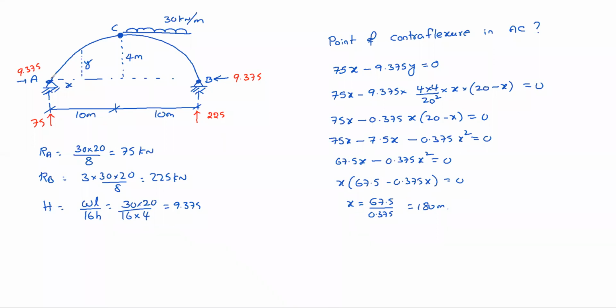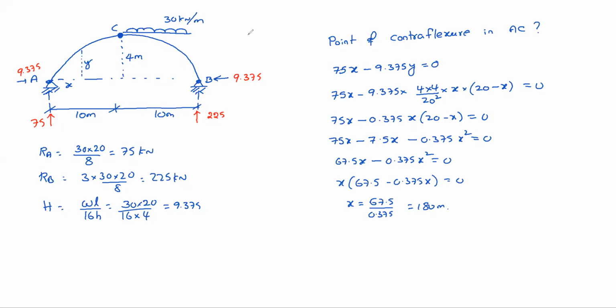That means we committed something wrong. Check it once again. Equation: 75x minus 9.375y, where WL by 16H is correct, W 30 into L 20 by 16H.